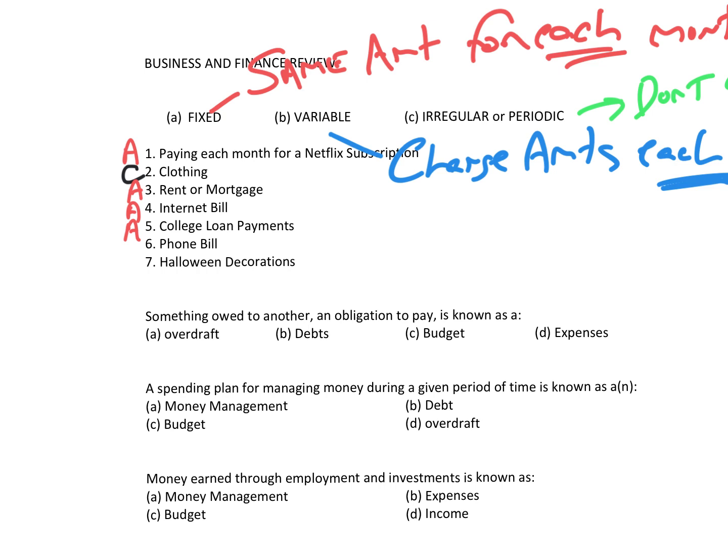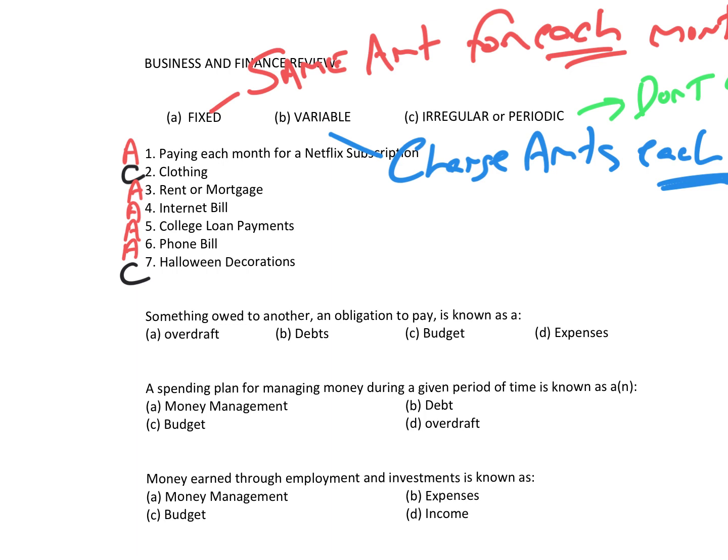As soon as you graduate college, they kick in for 10 years. Those are fixed payments. Your phone bill, again, another example of a fixed expense. But irregular or periodic would be an example of Halloween decorations. Anytime you have a yearly celebration, that type of thing, that would be considered irregular or periodic.